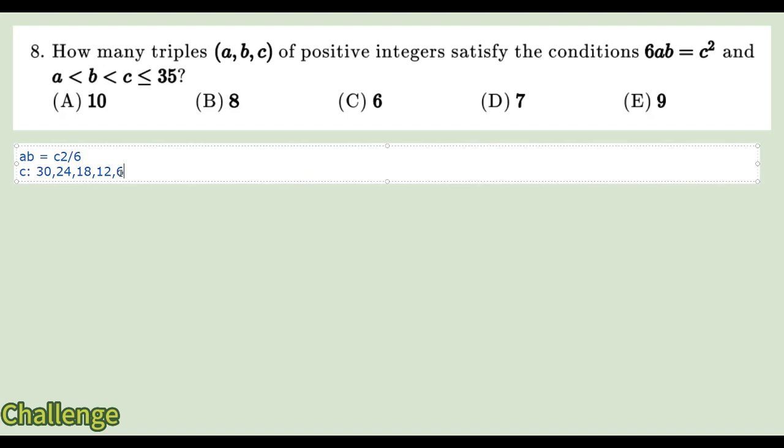So these are the values of C. And so are you suggesting that we go through all of the values of C and we see which values of AB work? Yeah, you just square 30 and divide by 6, and so on, and then you get 150, 96, 54, 24, and 6. 24 divided by 6 is equal to 4, so that's 96.